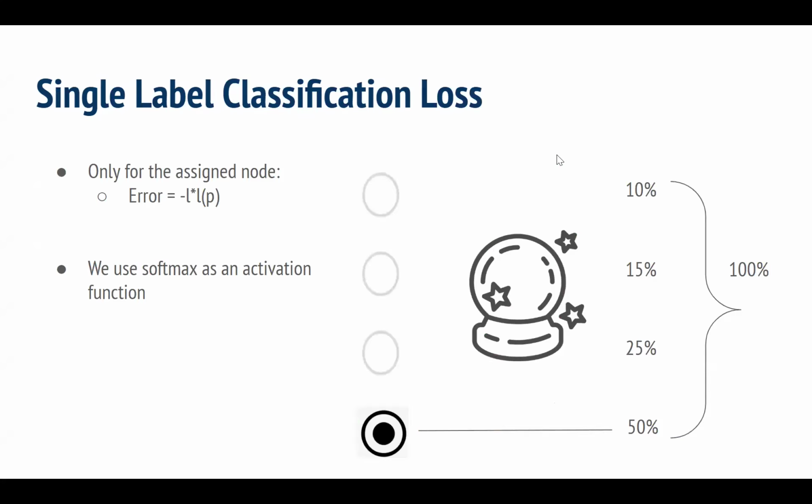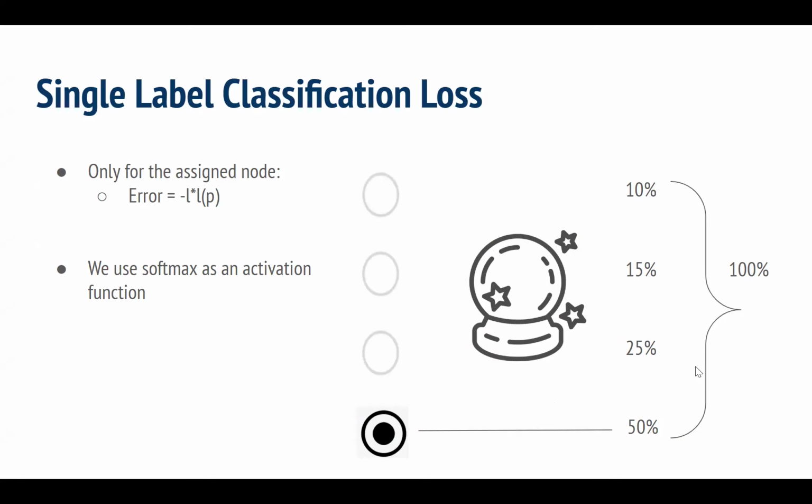Let's now move to a single label classification loss. Basically, there is a difference between multi-label classification loss and single label classification loss. It's the same loss function, except that if you look here, the output nodes' summation must be 1.